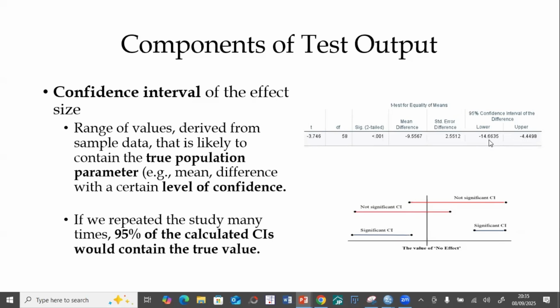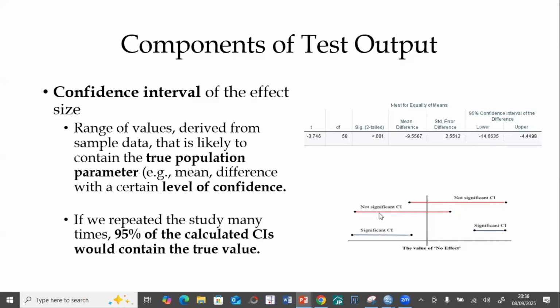But if the confidence interval extended from negative 14 to positive 5, it would look like this. So we've crossed over to a point where there was no significant difference between the two groups, to the point where the result is actually the opposite.